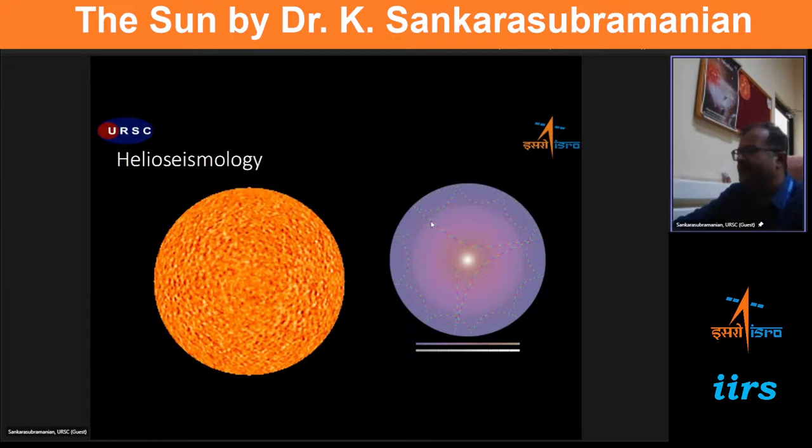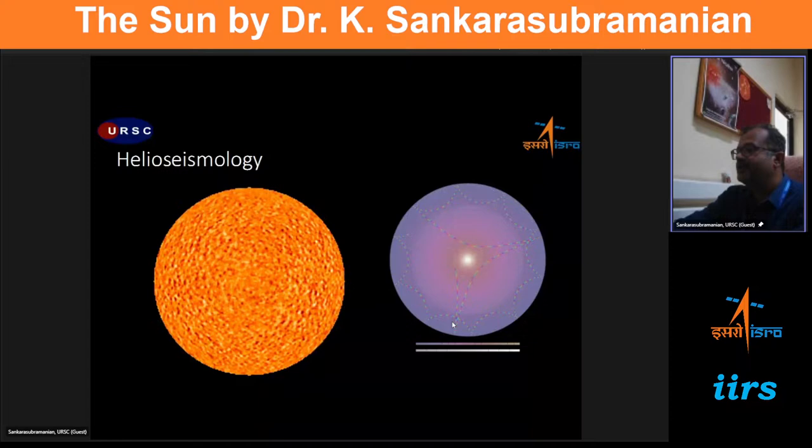On the right hand side, you see many of the waves which are propagating in the interior layers of the sun. Depending on the frequencies of the waves, they can go deeper, very close to the core, or they can be trapped only in the convective layers. Most of our helioseismic studies are done with these convective layer frequencies, so we can see up to close to the base of the convective layer of the sun.